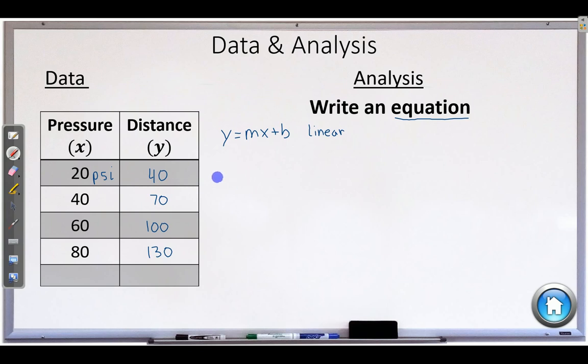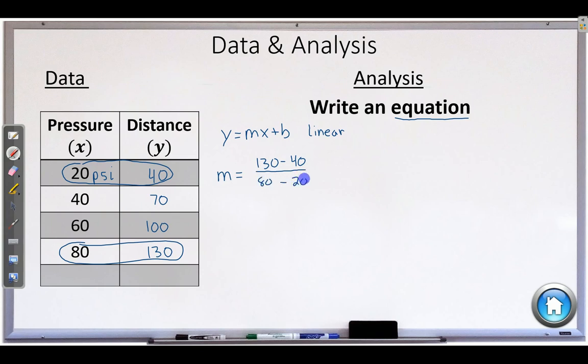So first, we need our slope, m. So we pick 2 points. I'd pick the first and the last. So first we need the slope, so we subtract the y values. On top, 130 minus 40. That's our rise. Over the run, which is 80 minus 20.